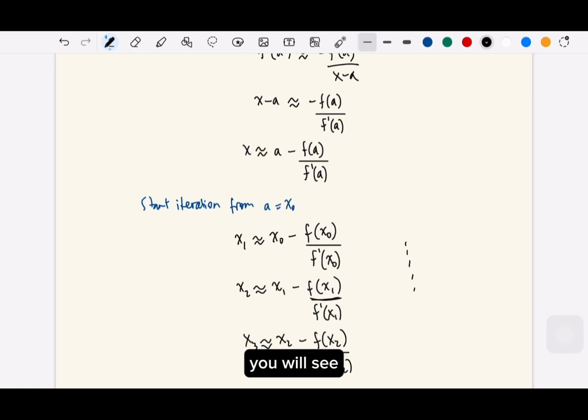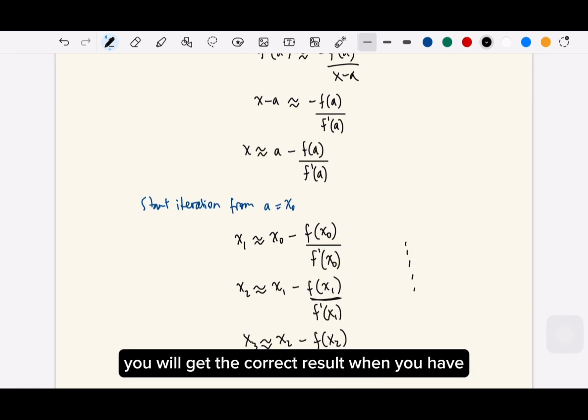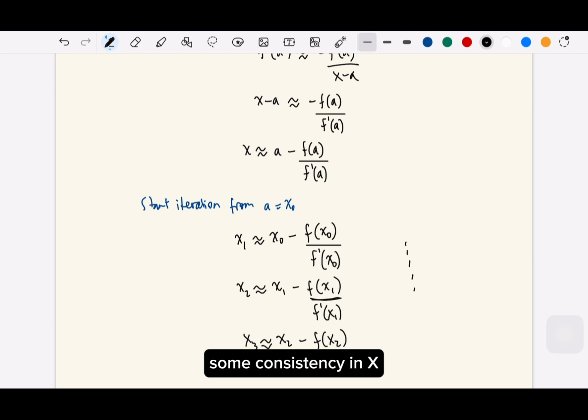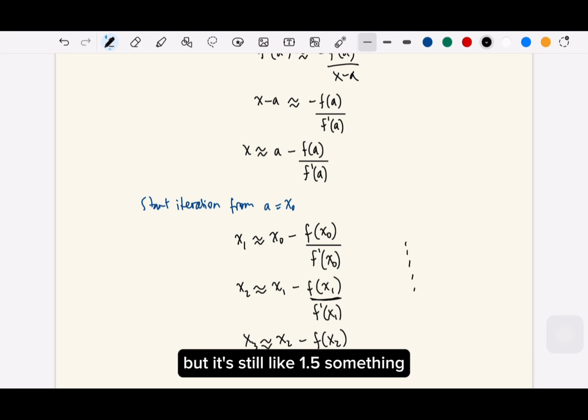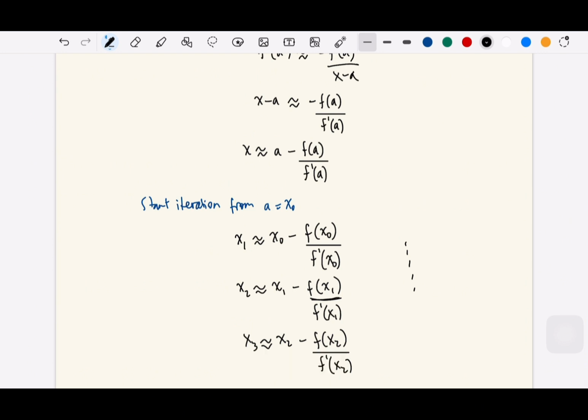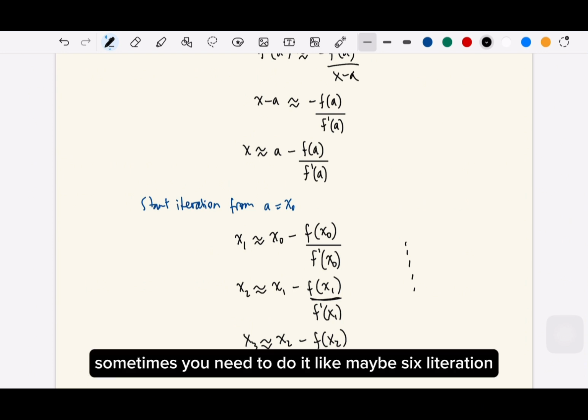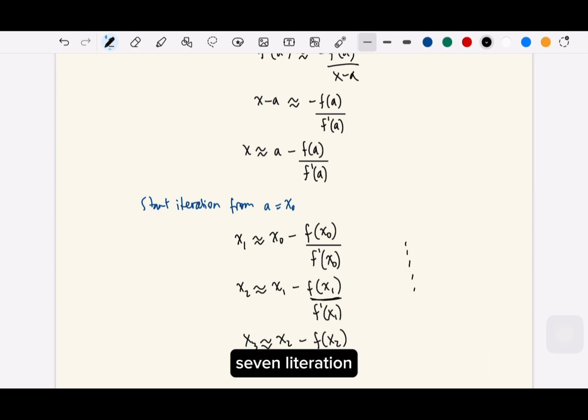You will get the correct result when you have some consistency in x. Maybe it will be 1.5 something, and then it's still 1.5 something. Maybe that is your answer. Sometimes you need to do 6 iterations, 7 iterations.